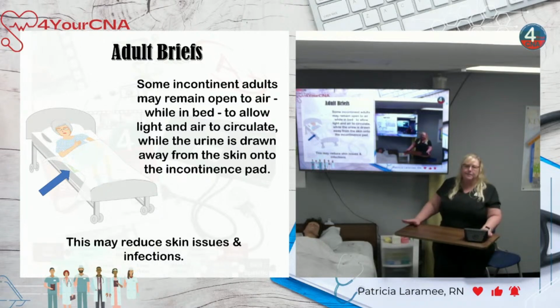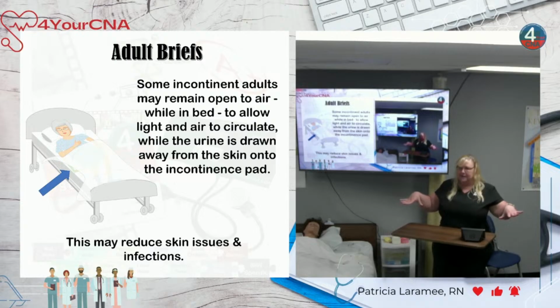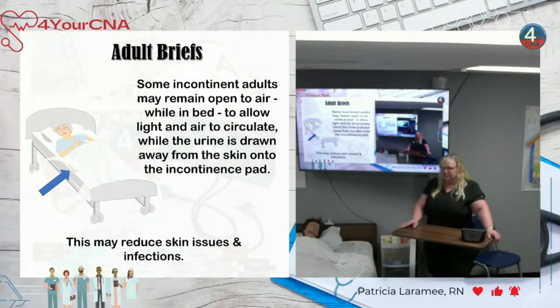If they're in bed, it is better to just have them on a pad. Then the urine gets pulled away from the skin. Light and air can circulate. And remember, room temperature always wins, so we don't have warm. We end up with less skin issues and less infections when the patient is open to air on a pad.